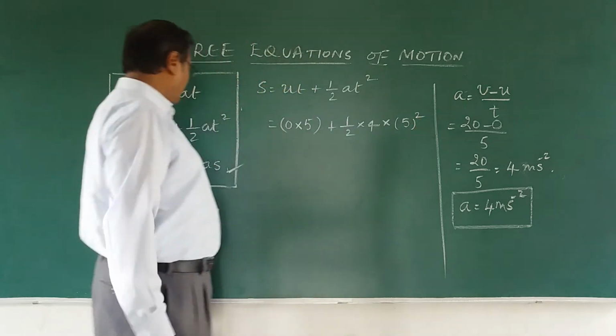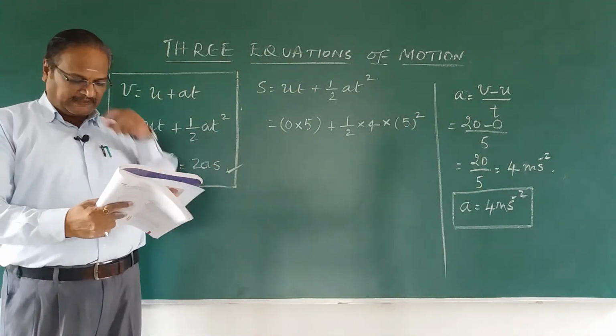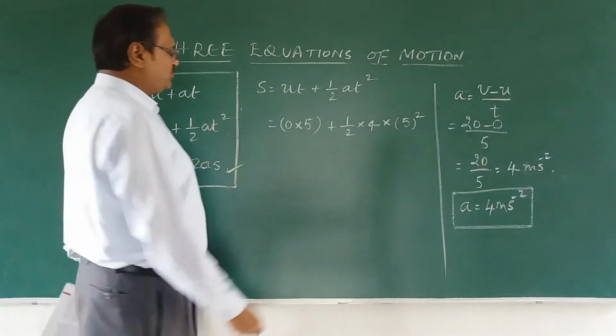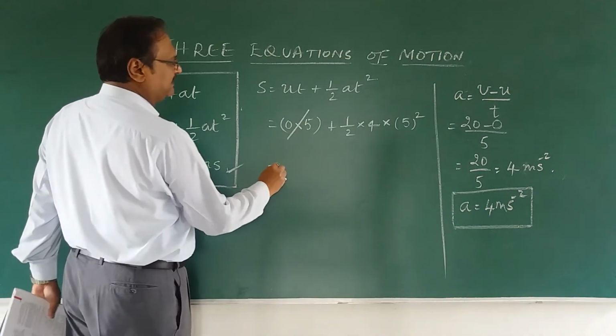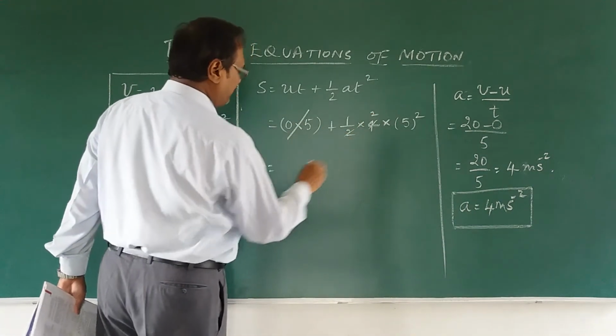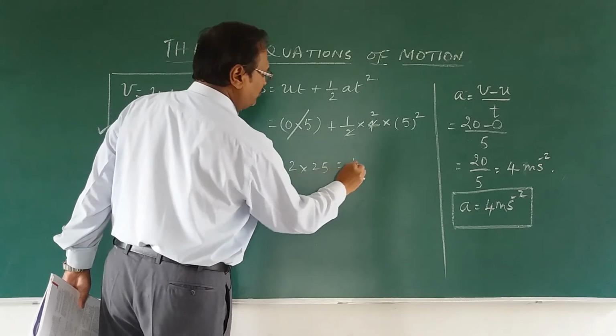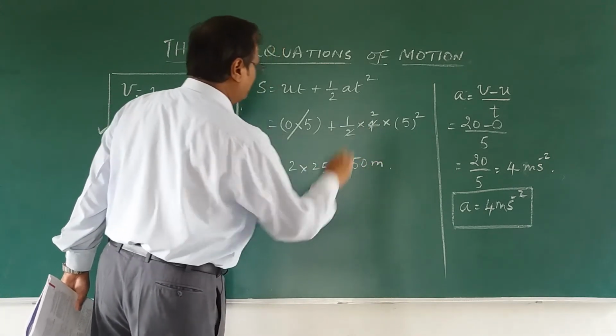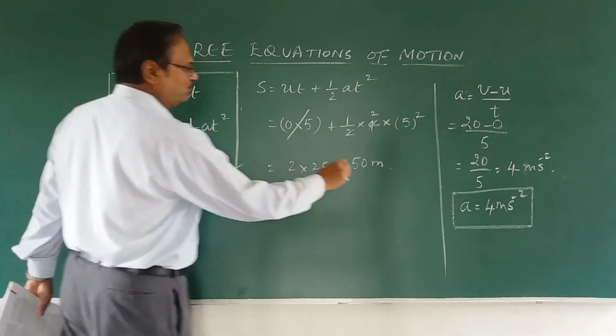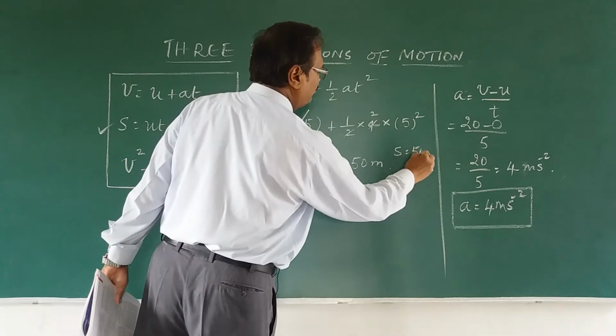Now just cut this, and this goes 2 times. So 2 into 5 5s are 25, that is 50 meter. s is equal to 50 meter.